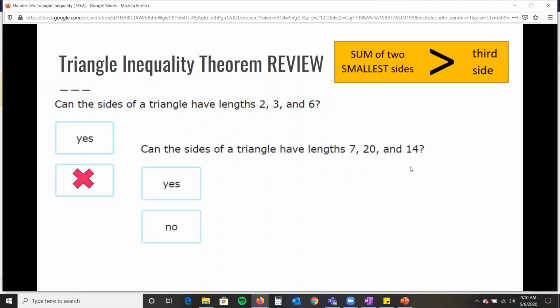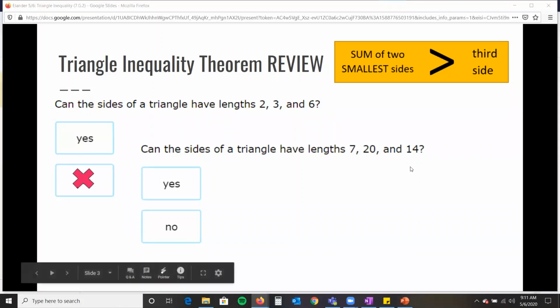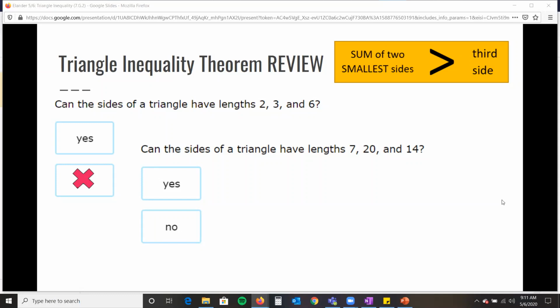What about this one? Can the side lengths of a triangle have lengths 7, 20, and 14? Once again, respond in the chat. What do you think? Good, we've got 2 responses.